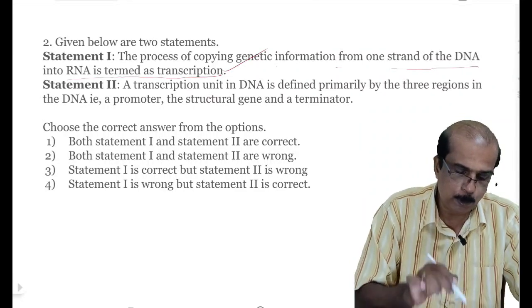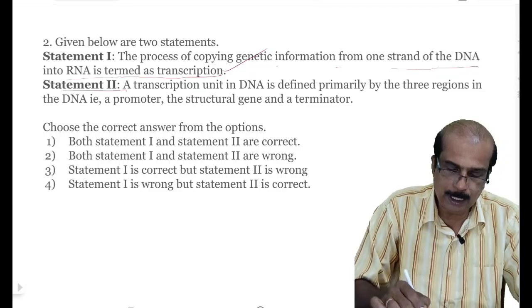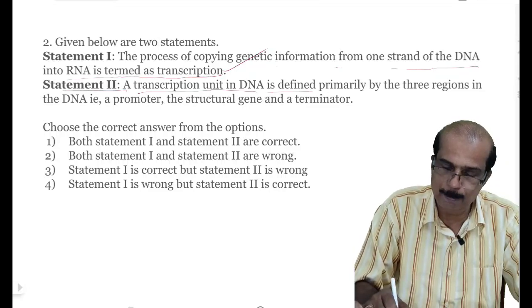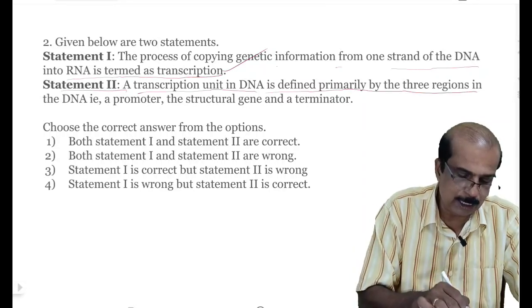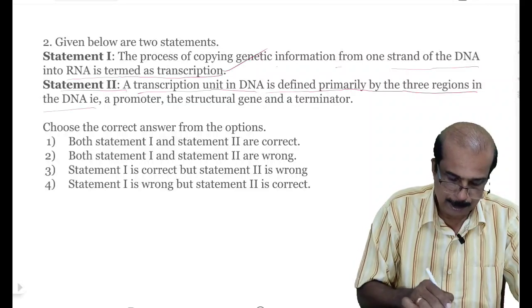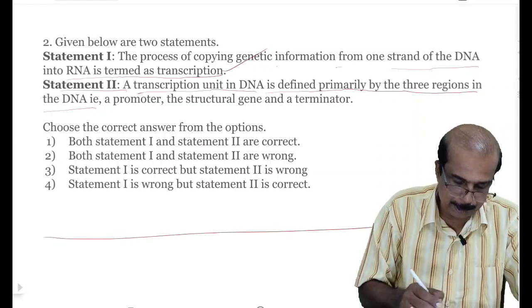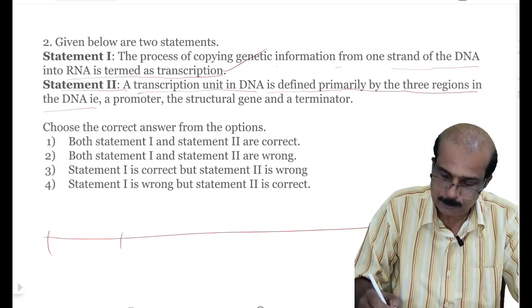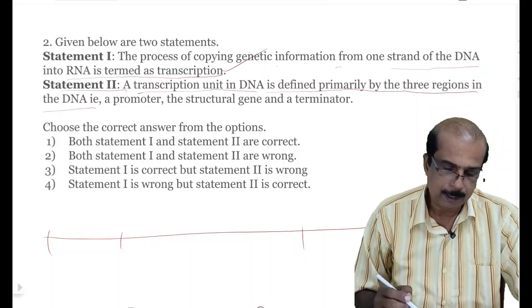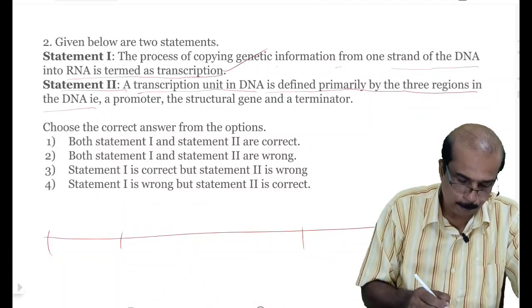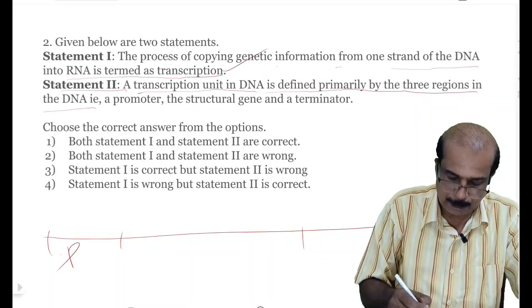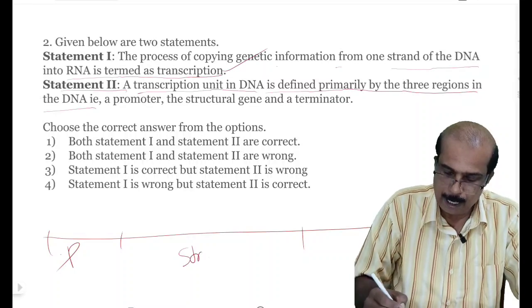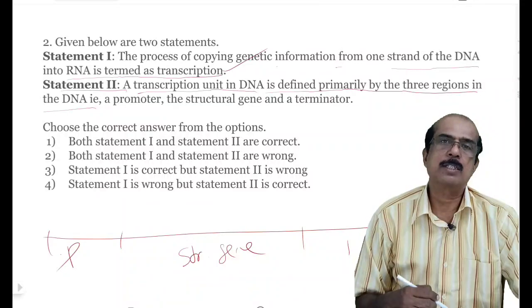Correct. Statement 2. A transcription unit in DNA is defined primarily by the three regions in the DNA. There are three regions in the DNA for transcription unit. One is promoter, then structural gene and terminator sequence.